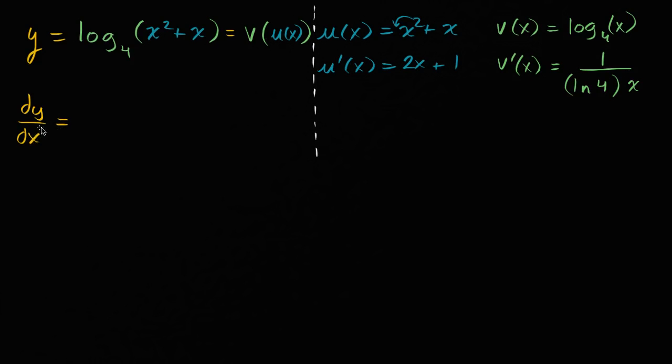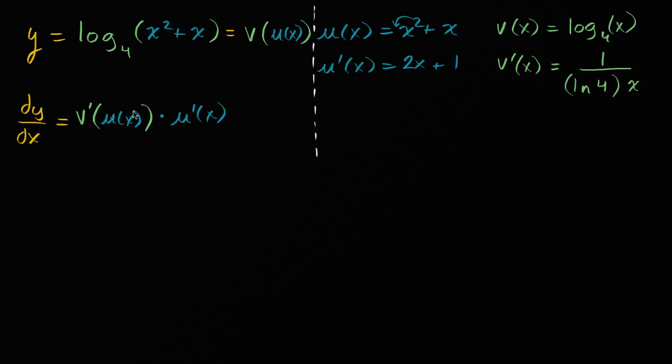And so we know from the chain rule, the derivative of y with respect to x is going to be the derivative of v with respect to u, or we could call that v prime of u of x, v prime of u of x times u prime of x.